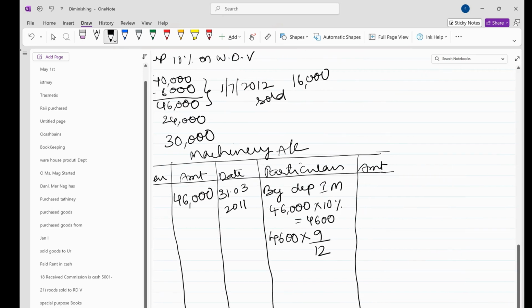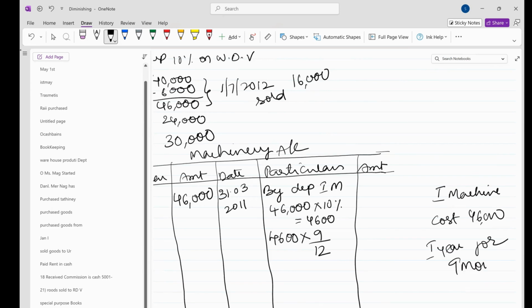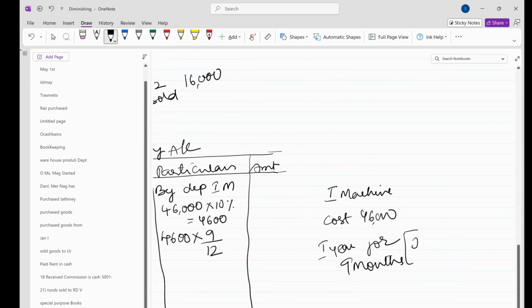Now you prepare rough work here. First machine cost is 46,000. First year we used only for 9 months: July, August, September, October, November, December, January, February, and March. Usually how do you calculate depreciation?